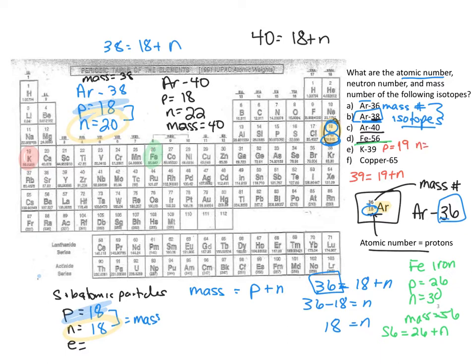So neutrons equals 20 and the mass equals 39. Copper 65. Not Co, that's cobalt. This is copper. Copper is proton number 29, and its mass is 65, so 29 plus N, neutrons, equals 65 minus 29, which equals 36.